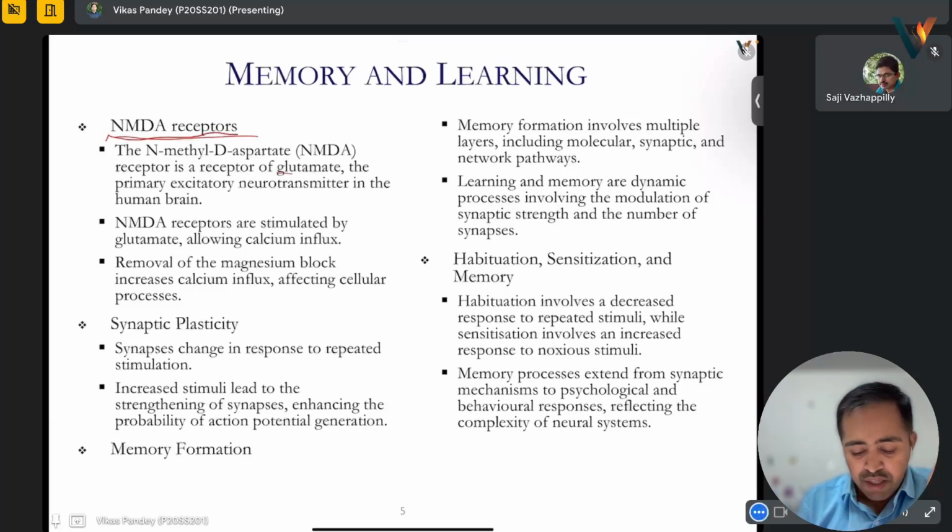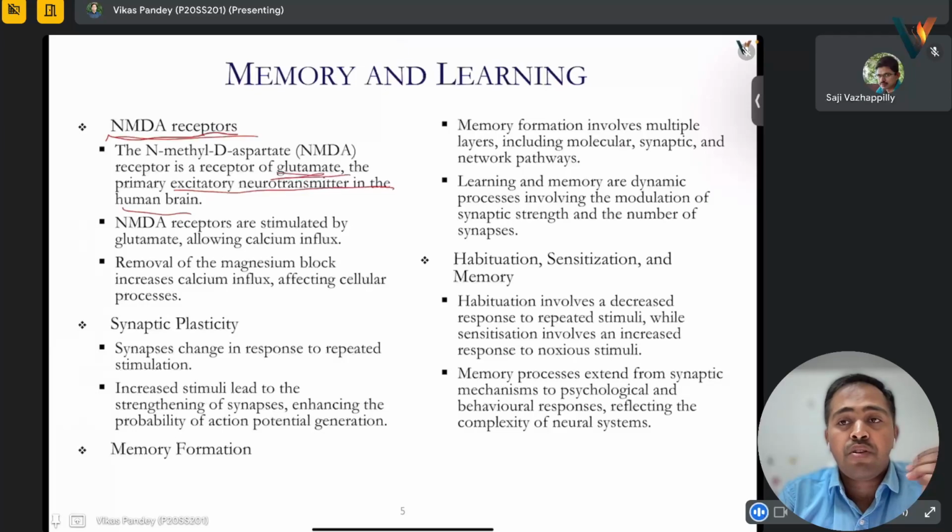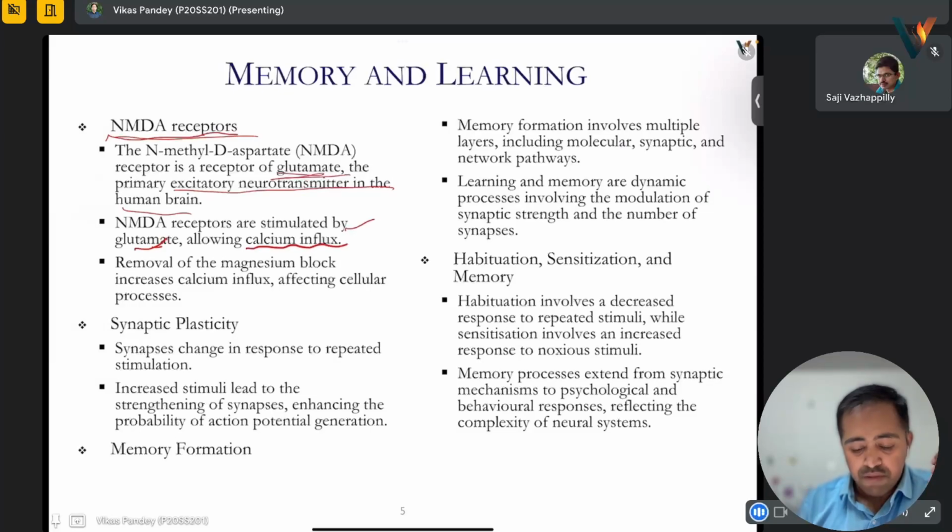So, it will bind with glutamate. That is the primary excitatory neurotransmitter in the human brain, and this plays a very important role in memory. They are stimulated by glutamate, allowing calcium influx. We have earlier also seen calcium influx plays a role in muscle movement, right?